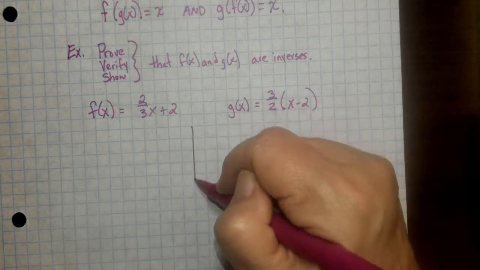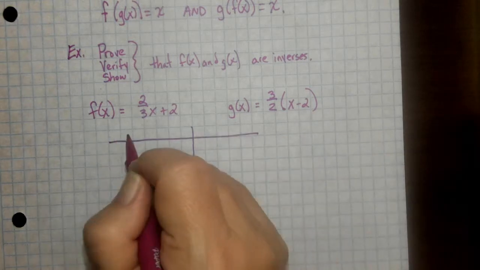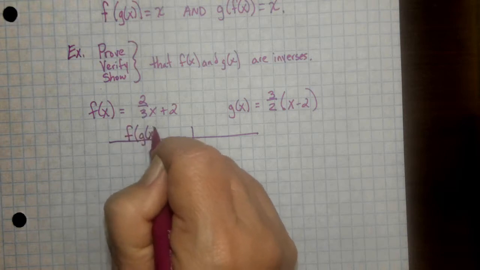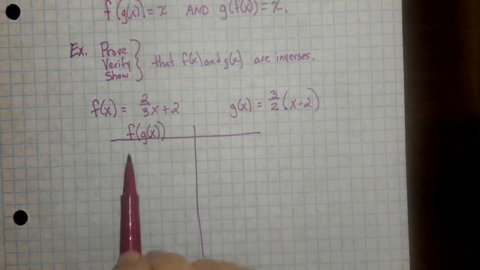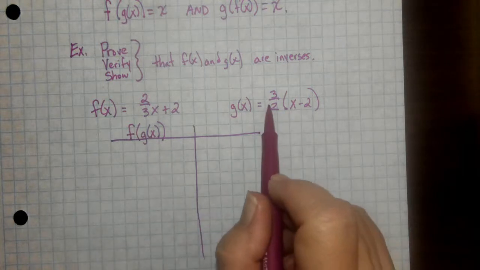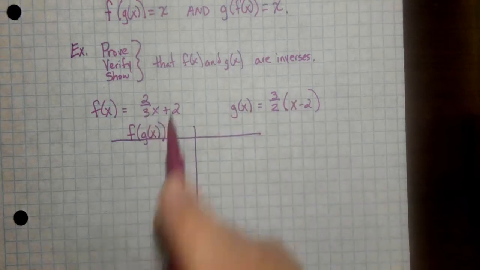Alright, so I have to do two things. First, I'm going to take f of g of x. So that means I'm going to take x, plug it into g, then I'm plugging g into f.